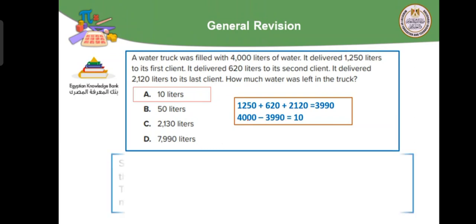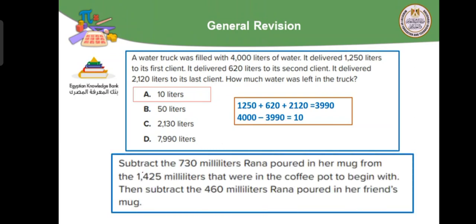Then subtract the 730 milliliters Rana poured in her mug from the 1,425 milliliters that were in the coffee pot to begin with. Then subtract the 460 milliliters Rana poured in her friend's mug.